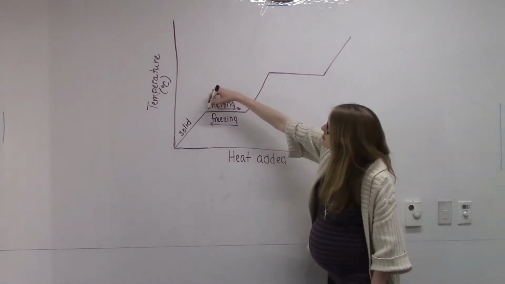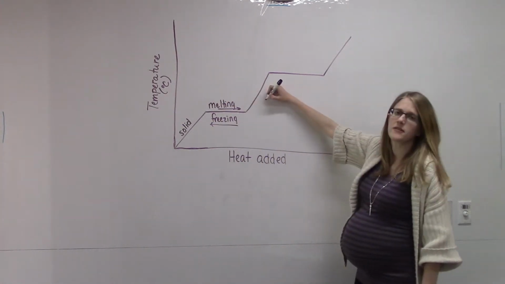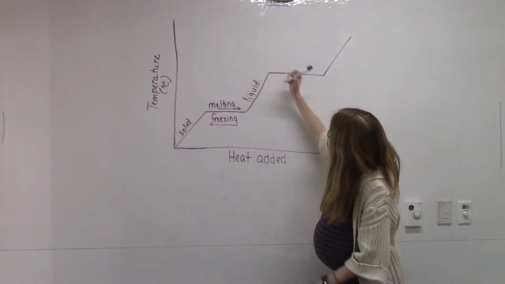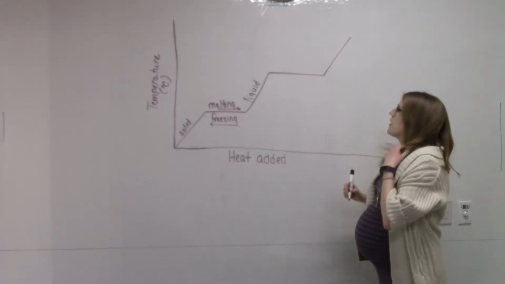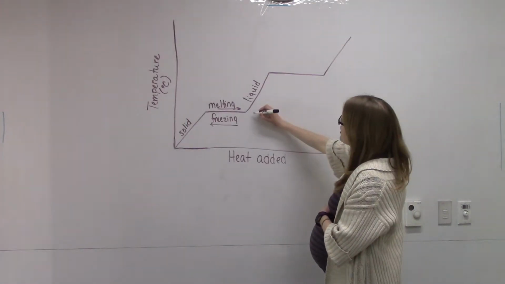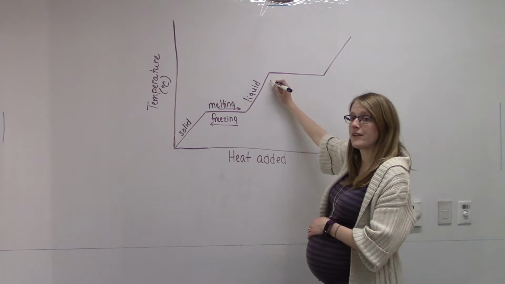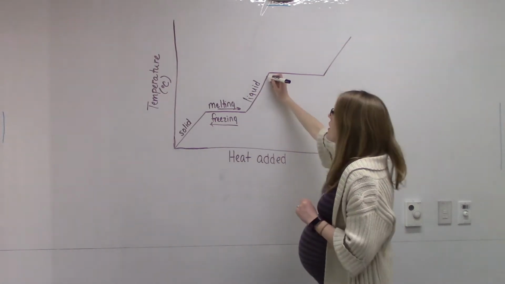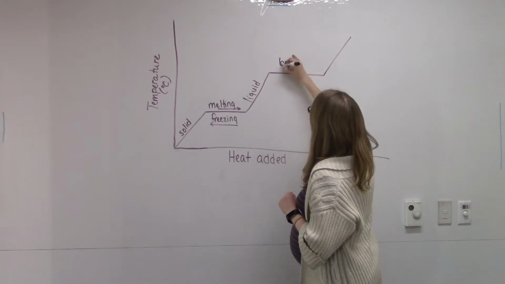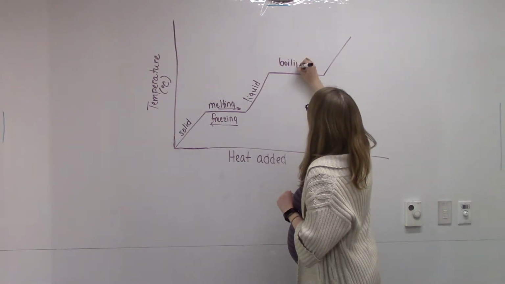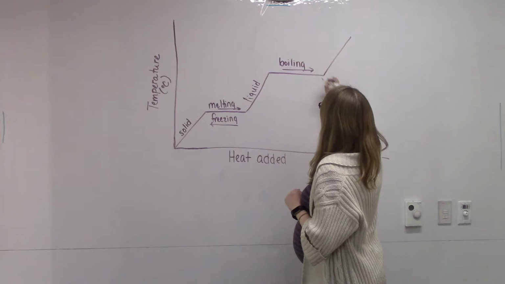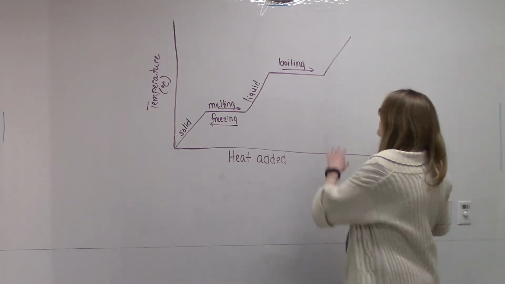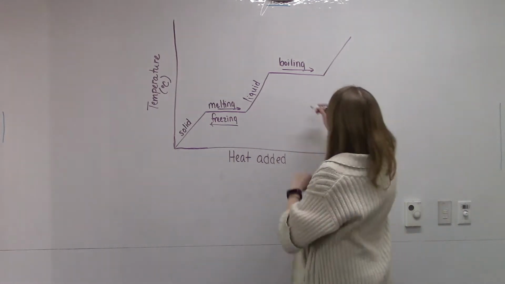Okay, when it melts, what is it then? It's a liquid. Then, as we keep adding heat, the liquid keeps getting hotter and hotter and hotter. And once it gets to the right temperature, at that point it's going to start boiling or vaporizing. Do you remember what it's called if you're going the opposite direction, from a gas to a liquid?